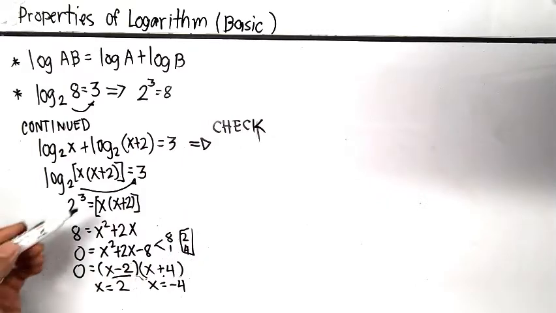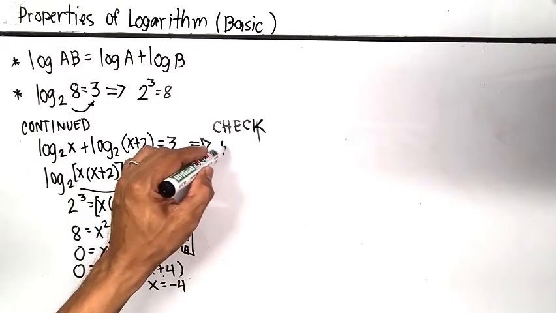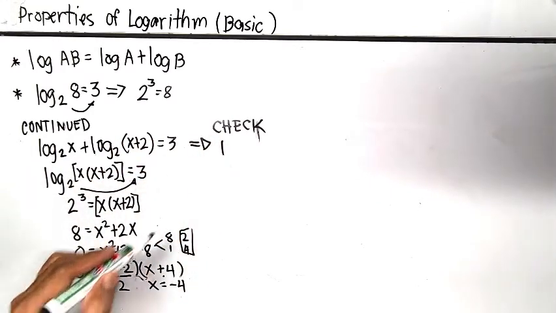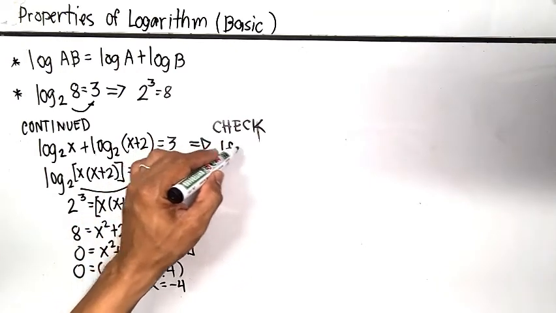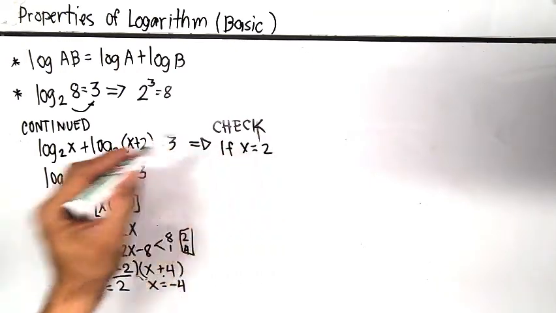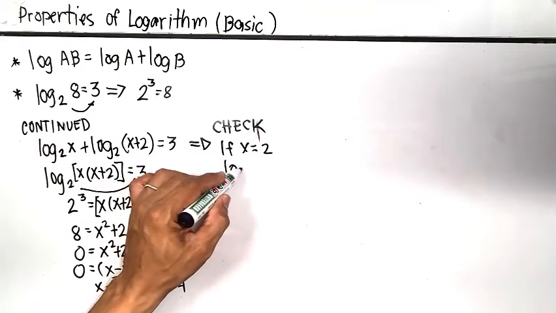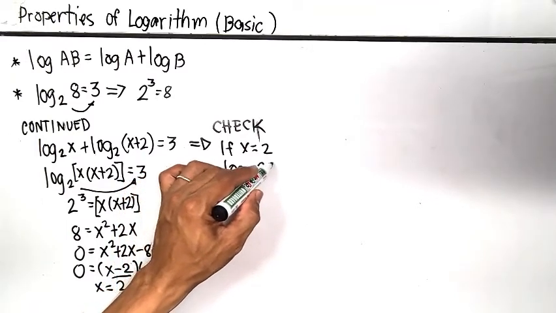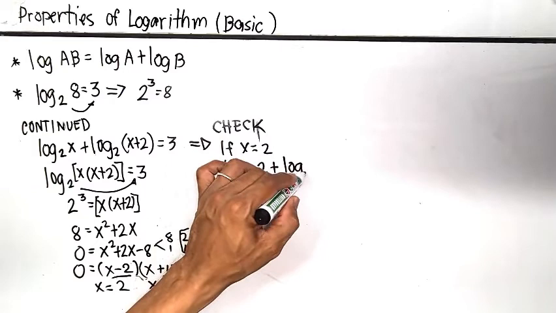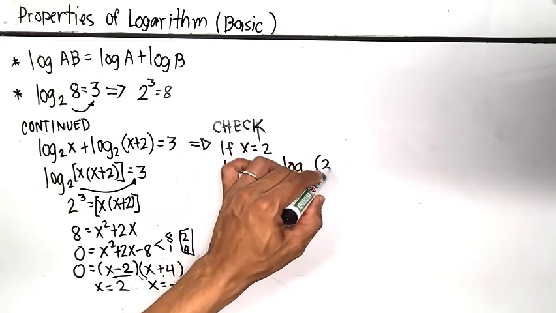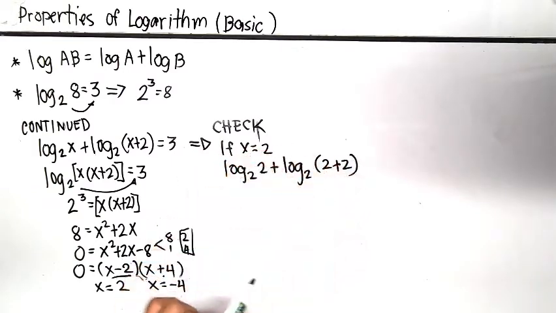To be able to check, we only have to substitute the values of x. Let's say if x is equal to 2, what will happen? Log to the base 2 of 2 plus log to the base 2 of 2 plus 2. What is 2 plus 2?